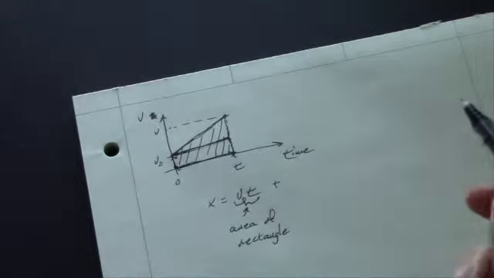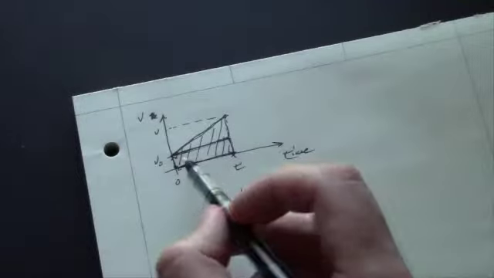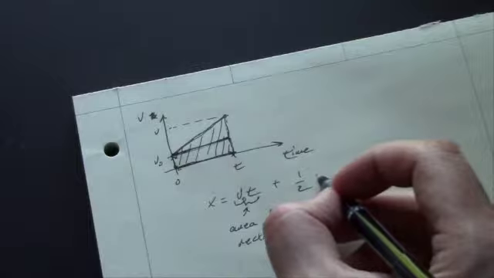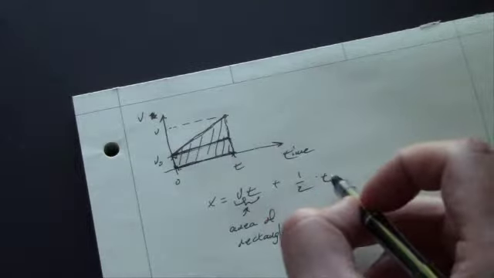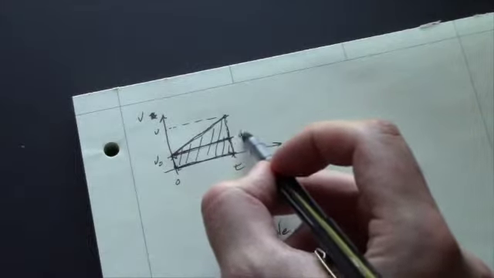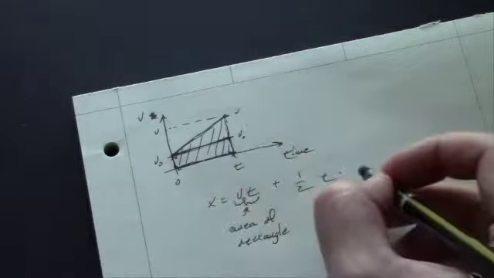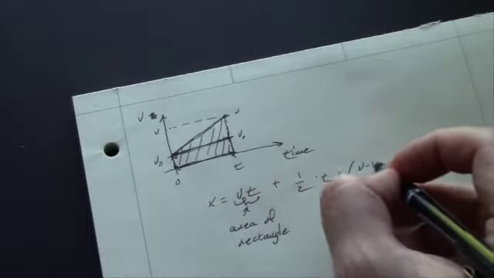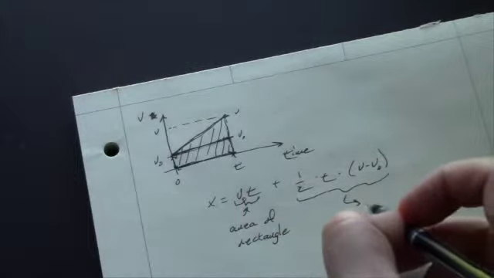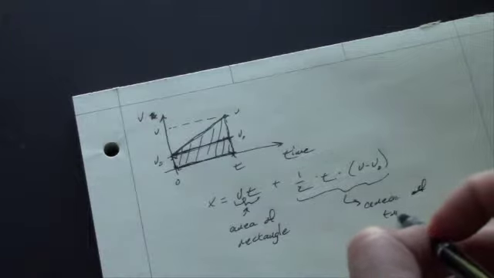If you remember, the area of a triangle is a half times the base times the height. The base is just from 0 to t, or t. And the height is from here to here. Remember, this was v initial, this was v, so the total height is v minus v initial. So this was the area of the triangle.